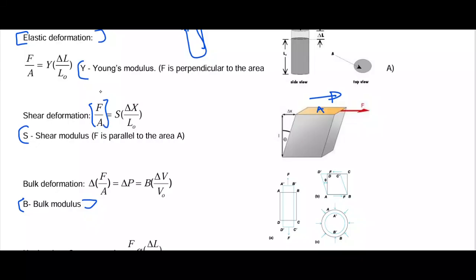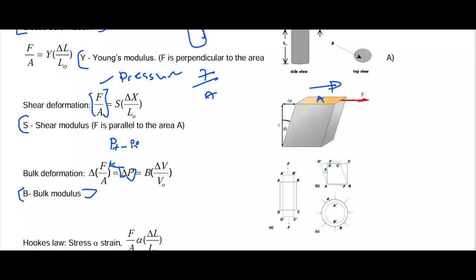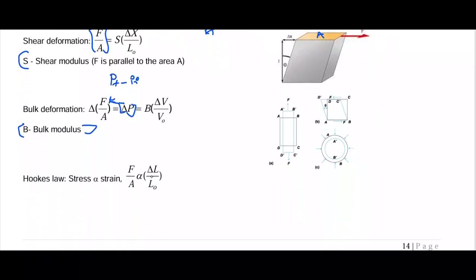You need to know that this is a pressure, which, as you know from fluids, is F divided by area, the force exerted on a certain area. It's the same as this one, just that this is a change in pressure, the final pressure minus the initial pressure. So here we have the stress, which is the pressure, and then we have the strain.